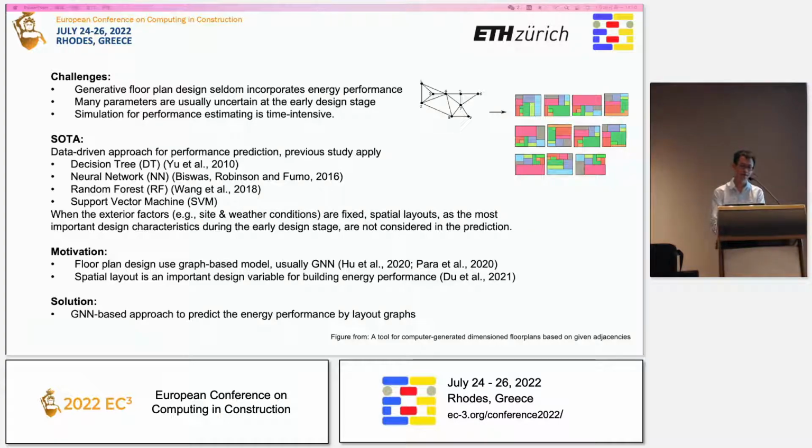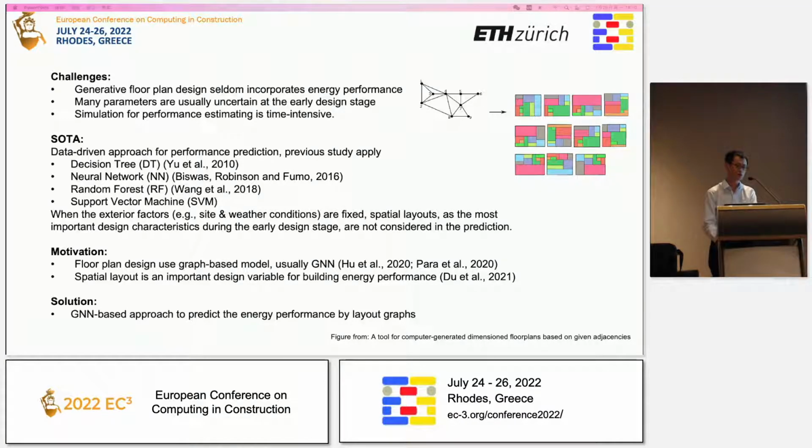The first one: floor plan generative design uses graph-based models, usually graph convolutional networks. It's intuitive to use the same data structure, the graph structure, for building energy performance analysis. The second motivation is that the spatial layout of the design has been proved to be an important design variable for building energy performance.